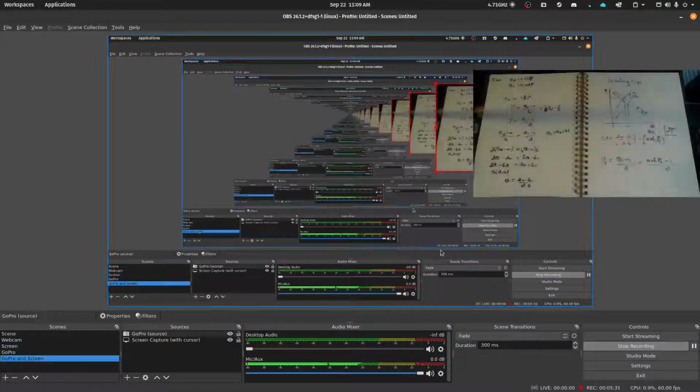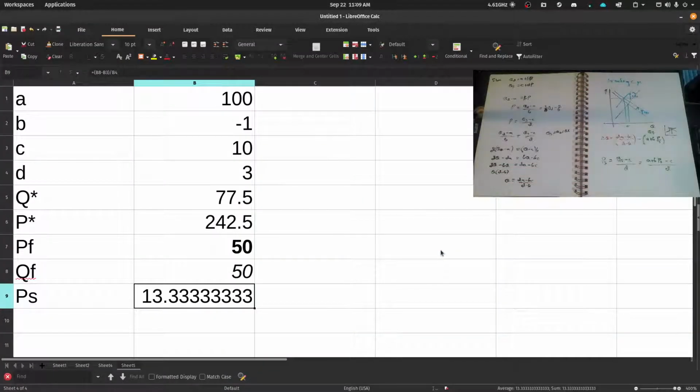Let's go ahead and see both at the same time. So given these numbers, if we've got 100, a slope of -1, supply intercept of 10, a slope of +3, that's going to be relatively steep. We throw that all together, we find an equilibrium quantity of 77.5, a price of 242.5, and then we dramatically lower that price to 50.